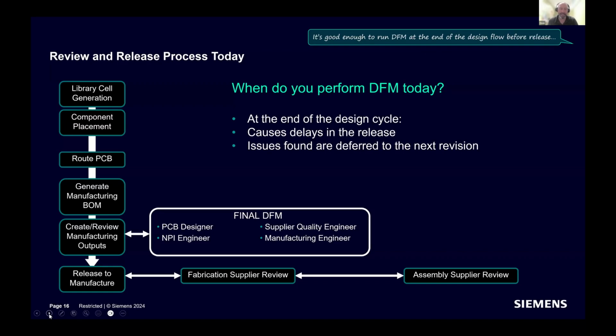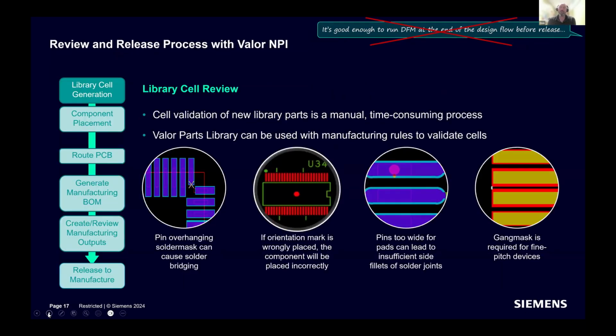Before we go to Jose, some of the customers we talk to do the DFM really when the board is complete. Of course, that's better than having it found in production or in the field. But this means you're still doing internal engineering ECOs, like a revision spin, so it's really not very efficient. In every stage of the design flow, we have some applicable checks that we can run.